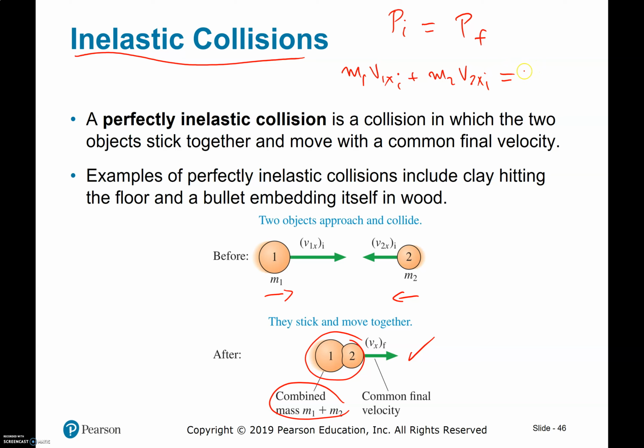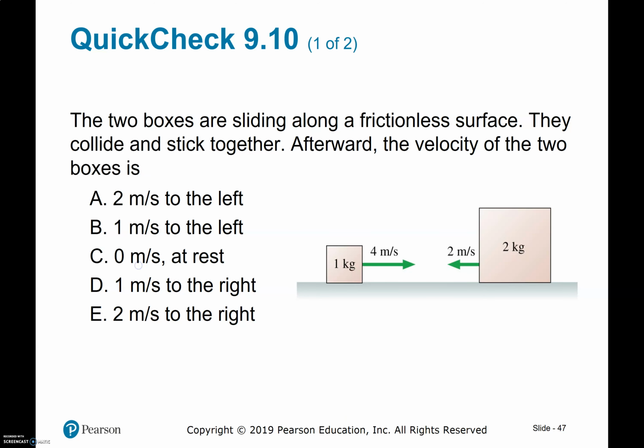That's equal to, now you have the two objects combined, so they have a common mass and they have a final velocity. So that's the way it's going to work, and we've seen problems like this already.